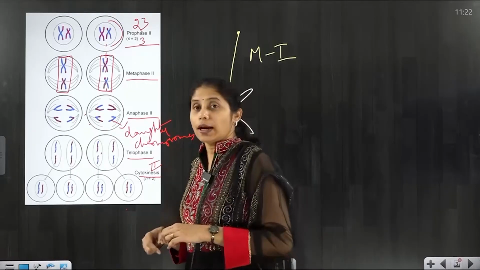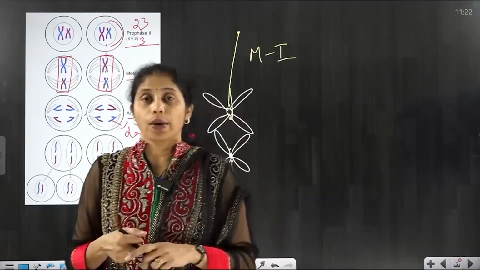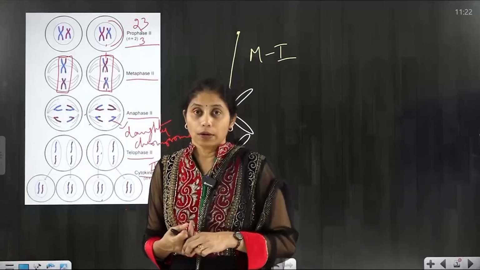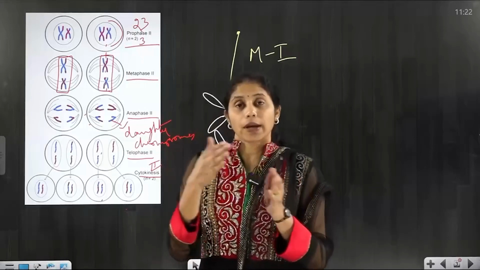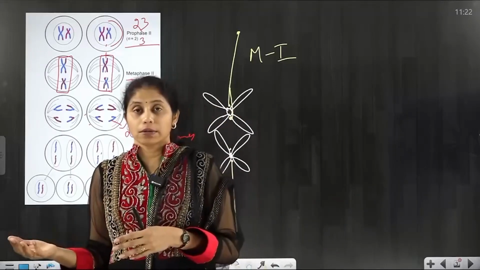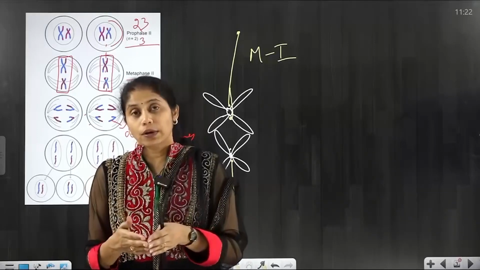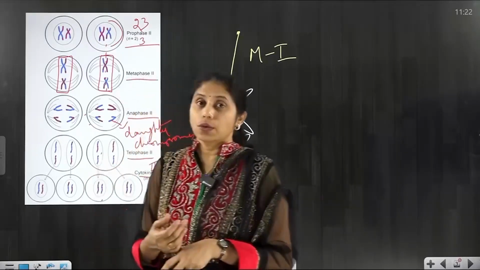Generally, there is a notion that once meiosis 1, karyokinesis 1, is completed, the cell will not enter into cytokinesis 1. It's like karyokinesis 1, karyokinesis 2, and then cytokinesis. That will happen generally. If not, karyokinesis 1, cytokinesis 1, karyokinesis 2, cytokinesis 2 will happen.